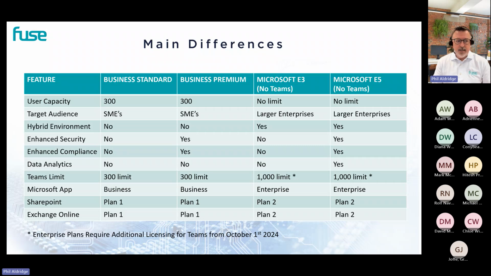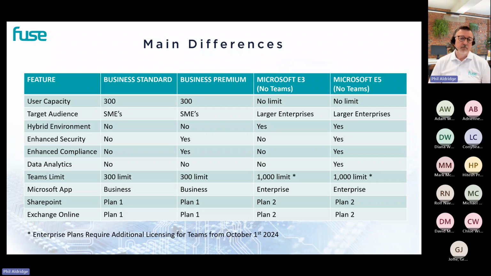And then the last two, SharePoint and Exchange, with the business licenses, you get Plan 1, and with the E licenses, you get Plan 2. And that is really a difference between capacity. So with the business licenses, you might get 50 gig of Exchange online, whereas with the enterprise, you get 100 gig.